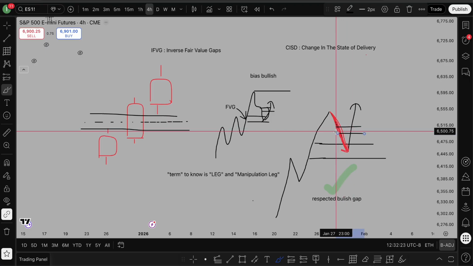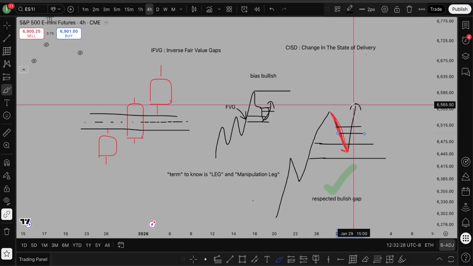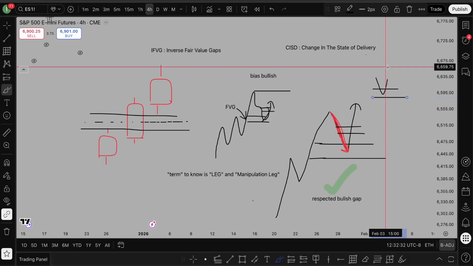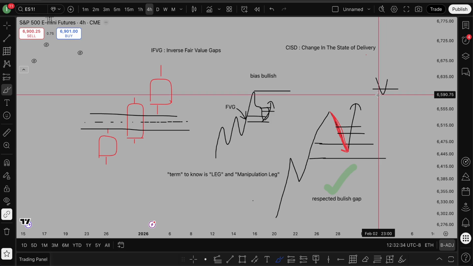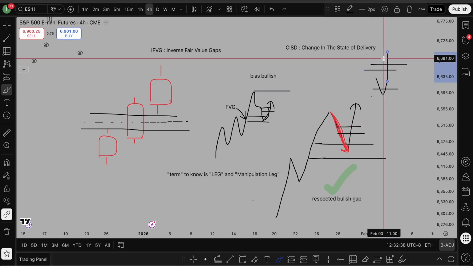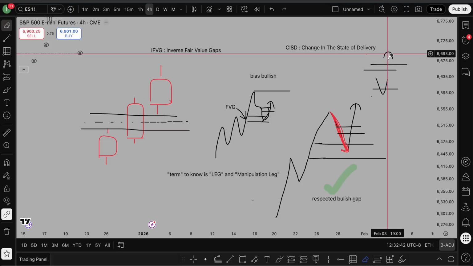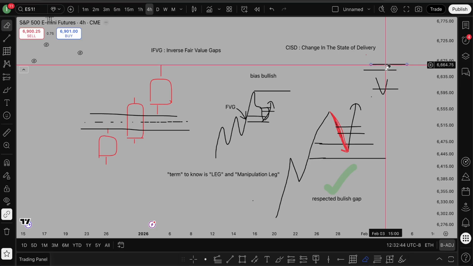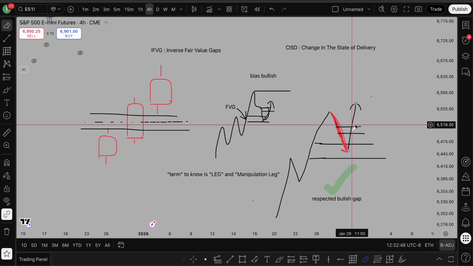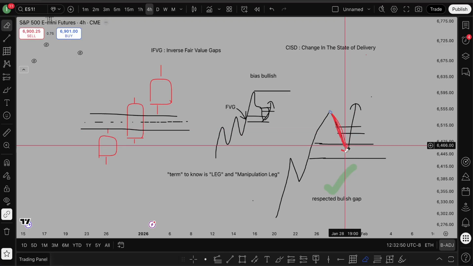And this is our inverse, right? The gap that gets pushed through. Remember how I said that if we respect the gap like so, right? That's just a fair value gap. But let's say there's a gap higher here and we just blow through it, okay? We inversed it, okay? If I'm looking to be bullish and aim for prices higher, I'd like to see us push through this gap and inverse it.